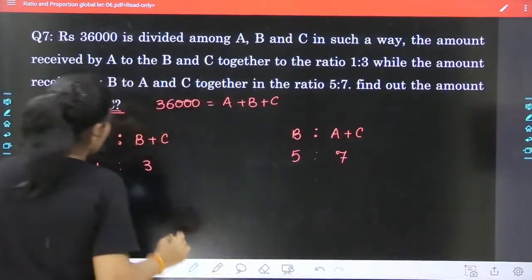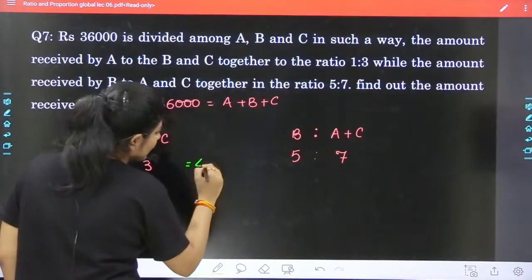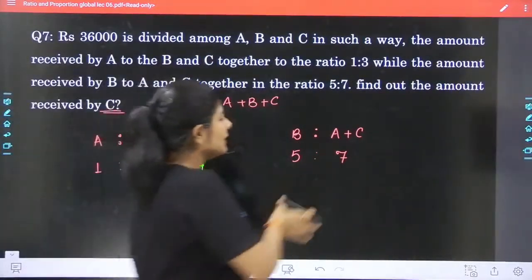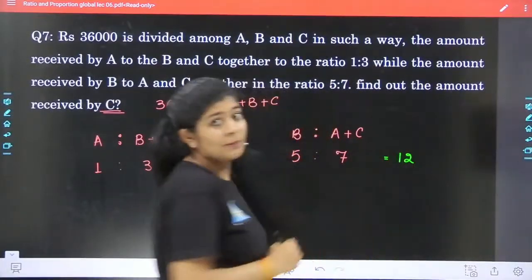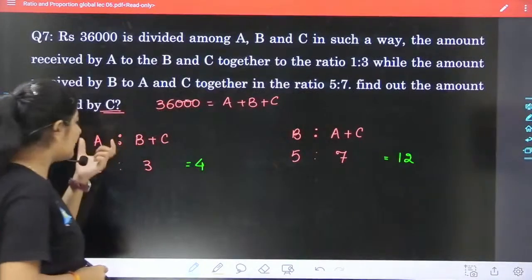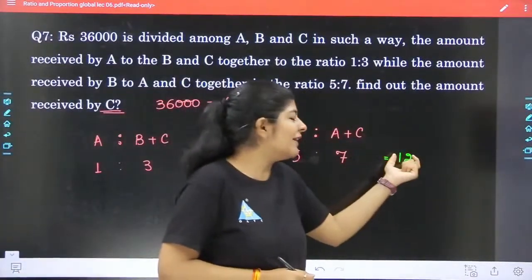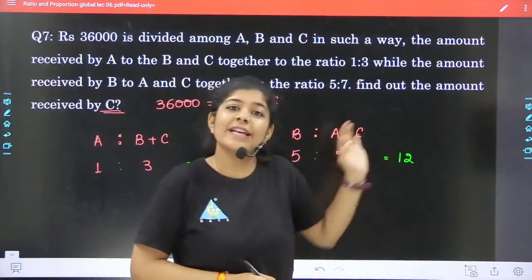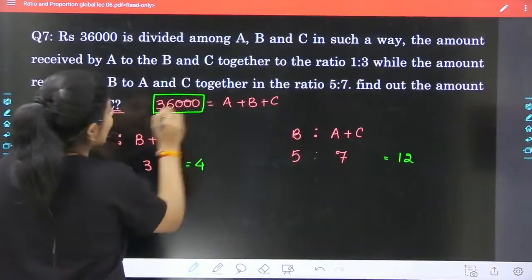Okay. Now if I calculate the total sum over here, that is equal to 4. And if I calculate the total sum over here, that is equal to 12. That means we are saying we divide 4 rupees over here and we are saying we divide 12 rupees over here. But as per the question, we divided 36,000 among these three.